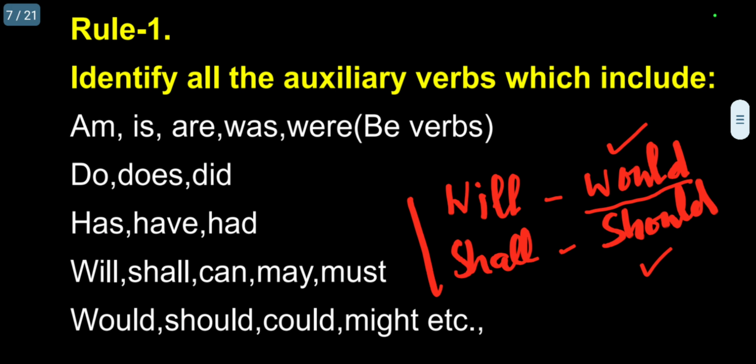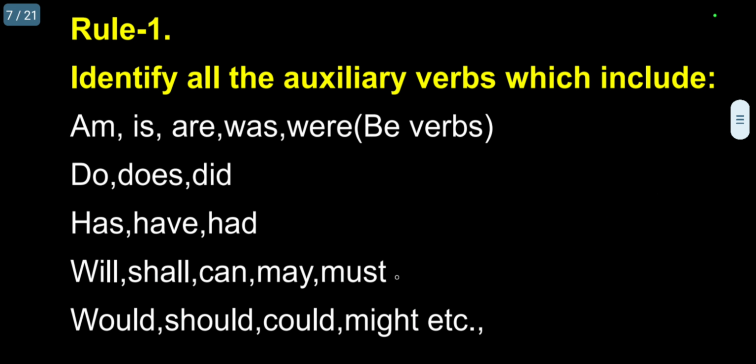Whereas if you use "I will" or "I shall", it indicates a long period. This is near future, this is far future. That means it will take place after a few months, after a few years, or may not take place. That is the main difference between will, would, shall, should.